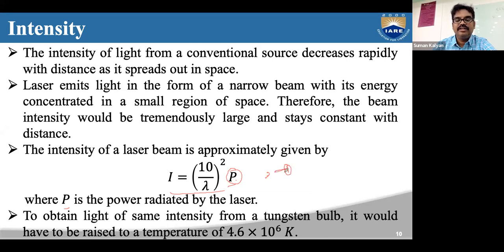From the figure, or using an electrogalvanometer, we can convert the optical energy into electrical energy, and then we can calculate the intensity there. So we can calculate the intensity of the laser beam from this condition. And of course, it depends upon the distance also.